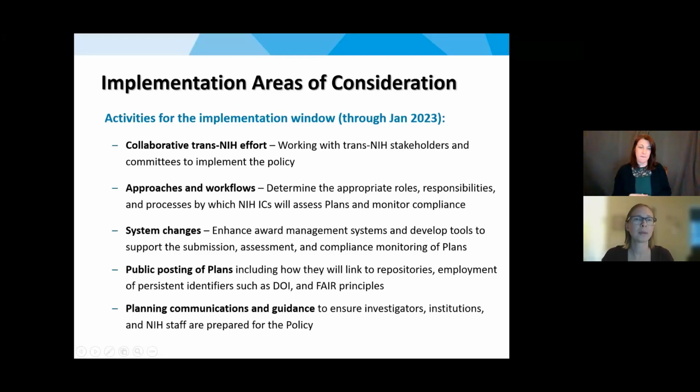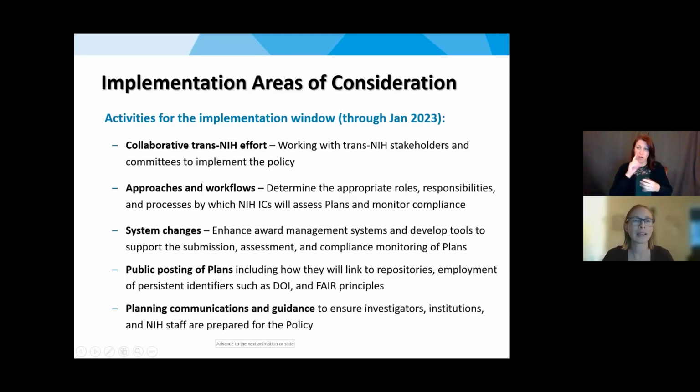A large part of the implementation effort is working out the technical approaches to support this policy. So we are developing approaches and workflows to implement the policy in a way that will help to advance the rigor and reproducibility of NIH-supported research.